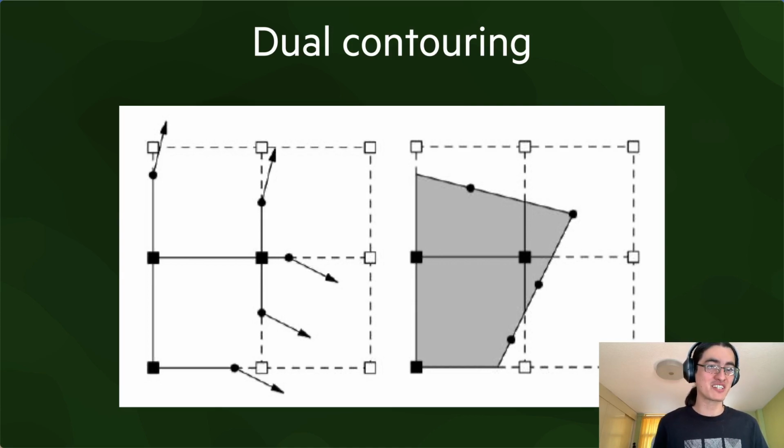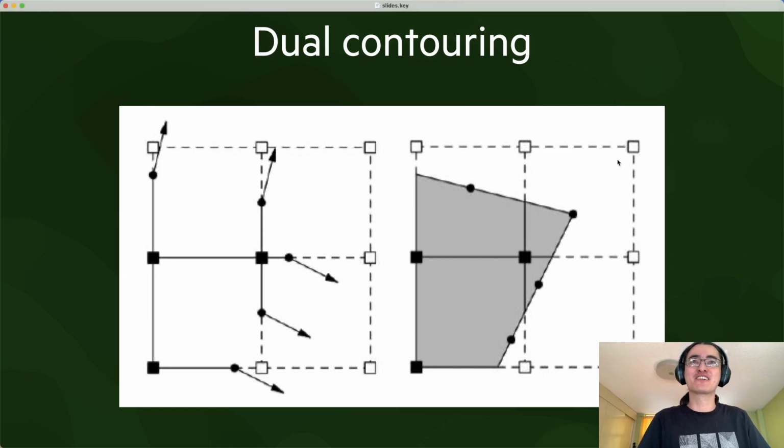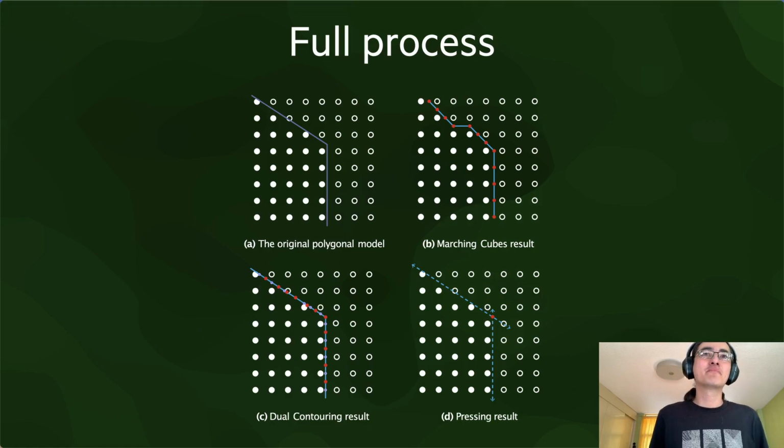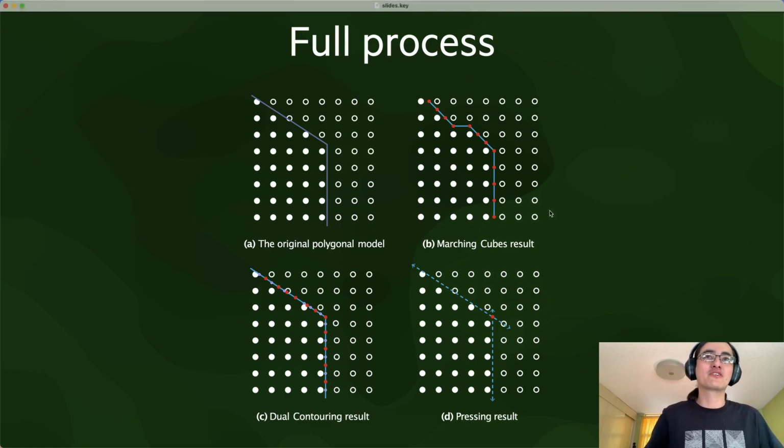Don't worry if you don't get this completely. It's sort of a long story to explain in this very short lesson. But the idea was to do something like this. So you have an original model with points on the interior and points on the exterior. You can imagine that these points represent voxels.